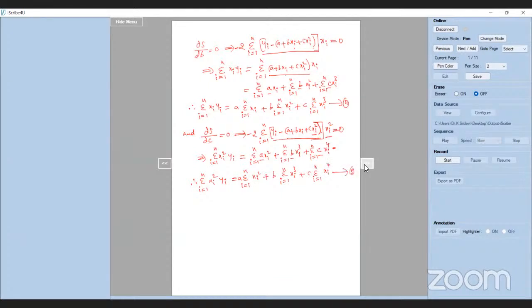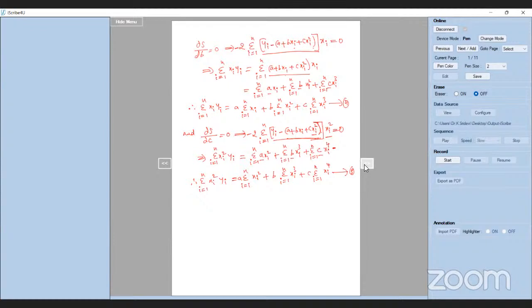Give it equation number 5. So how many parameters are there in our assumed polynomial? 3: a, b, c. So definitely we should have 3 normal equations. Equations 3, 4 and 5 are called the normal equations.